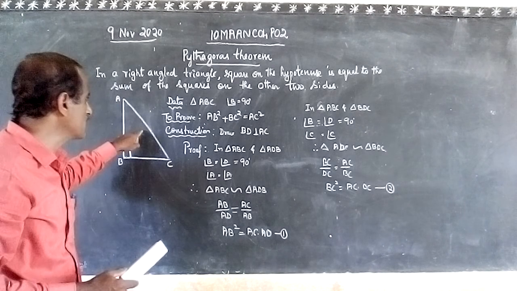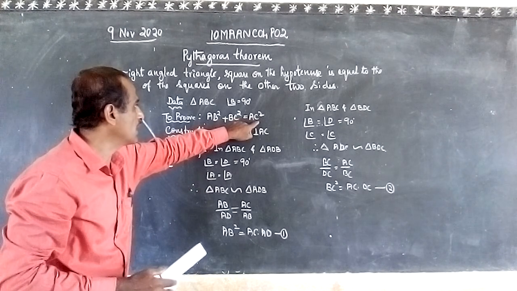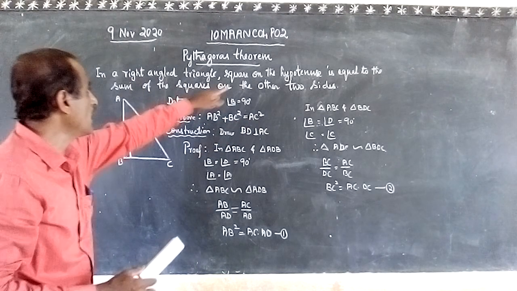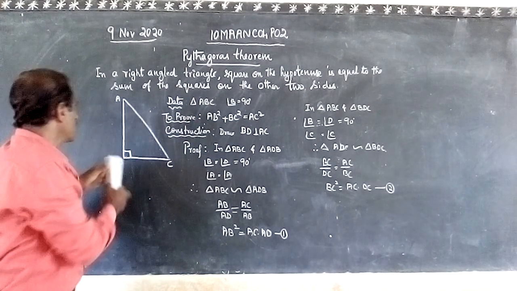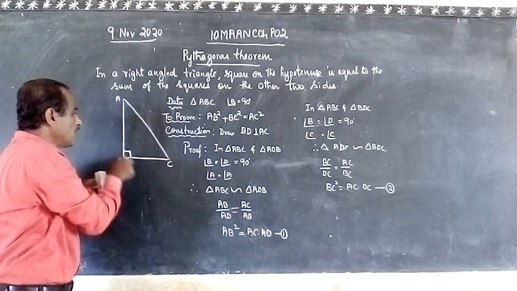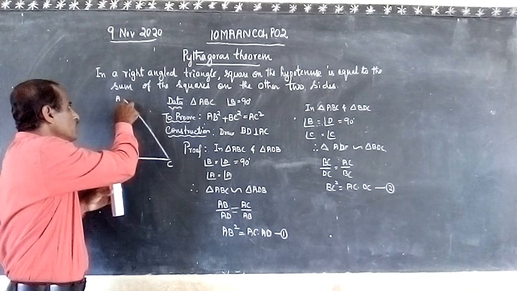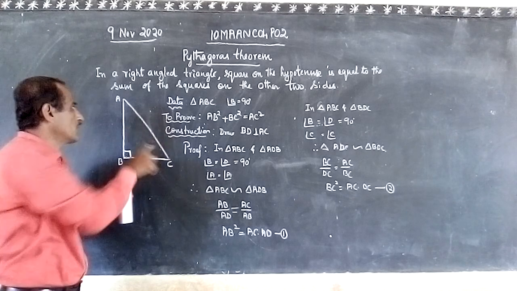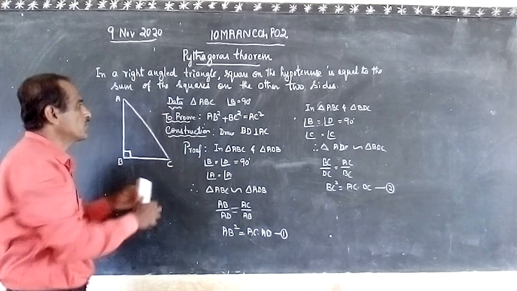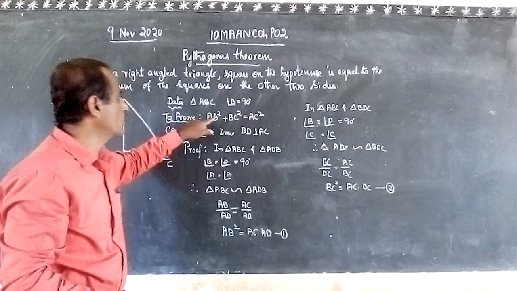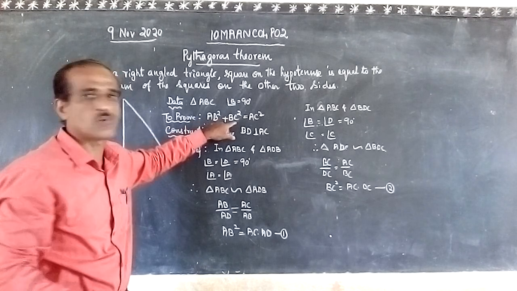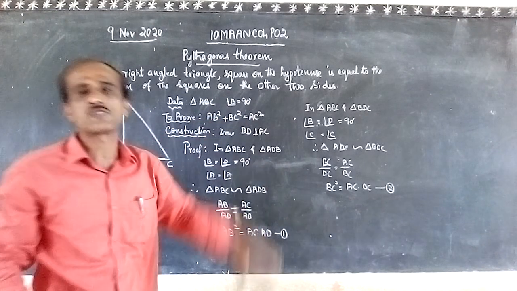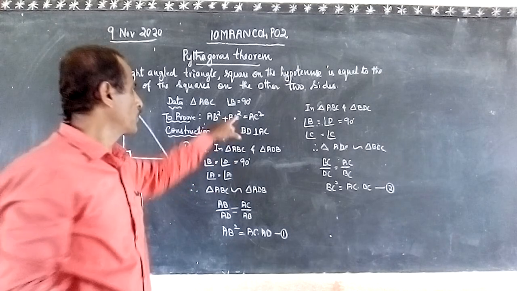Square on the hypotenuse, AC square, is equal to the sum of the squares on the other two sides AB and BC. Sum of the squares means AB square plus BC square. So AC square is equal to AB square plus BC square, or AB square plus BC square is equal to AC square. That is to be proved.